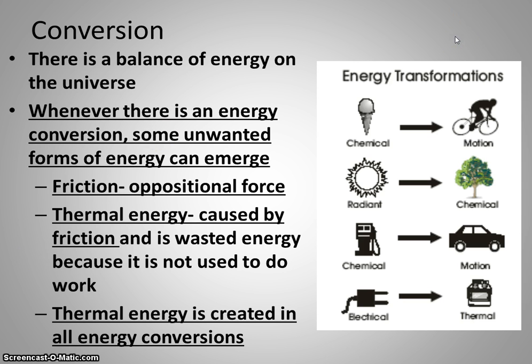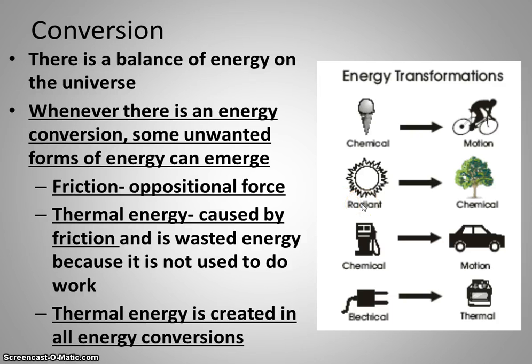It will be very helpful for you to be able to identify energy transformations, such as here we have chemical energy that is in food, and our bodies are the machines that convert that chemical energy into some sort of kinetic energy, energy of motion. Sometimes we have the radiant energy of the sun that is converted into chemical energy by plants.